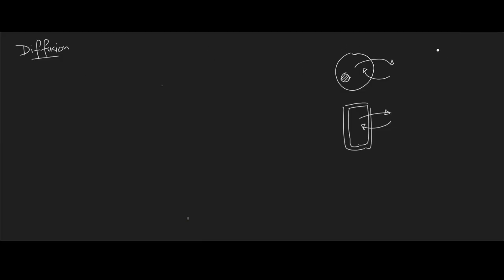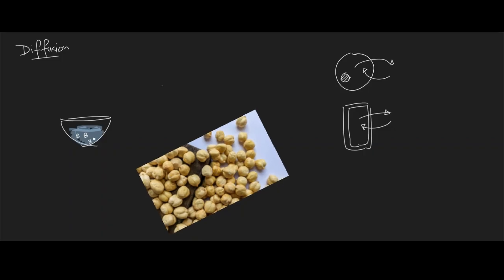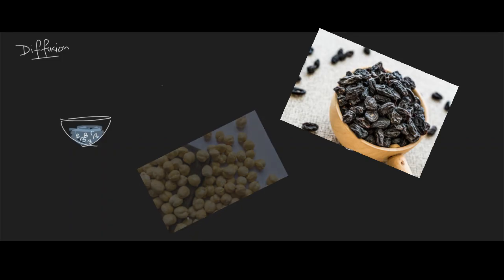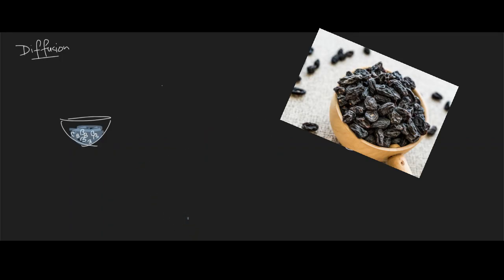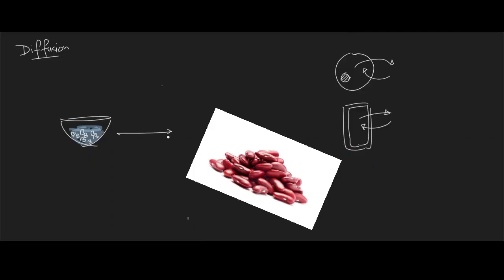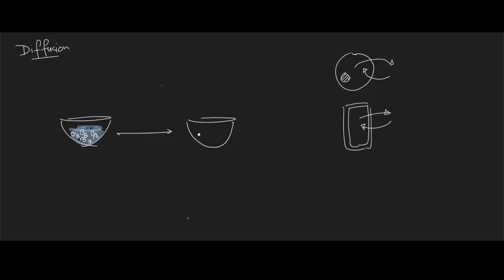But before I proceed to this topic, I have a few questions to ask whoever is watching this video. Have you ever noticed how when you soak things like chickpeas or maybe raisins or maybe kidney beans overnight, they swell up the next morning, like they get bigger in size?